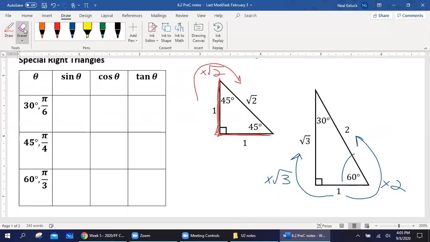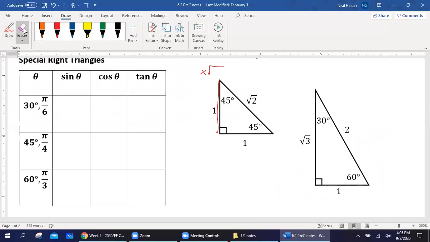So if I'm starting with my 30-degree angle and I want the sine, so from my 30-degree angle, the sine is opposite. So the opposite of the 30 is 1 over hypotenuse, 2. The cosine is the adjacent to the 30. The side adjacent is root 3 over hypotenuse, which is 2.